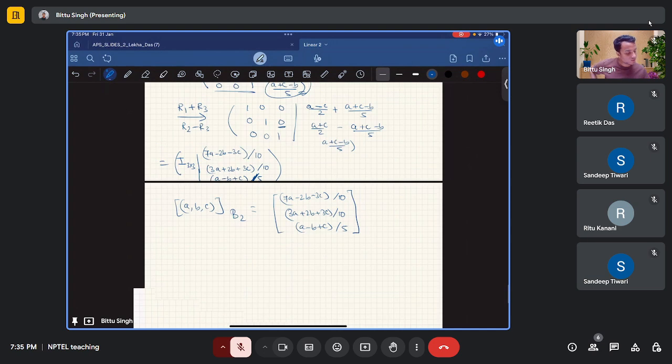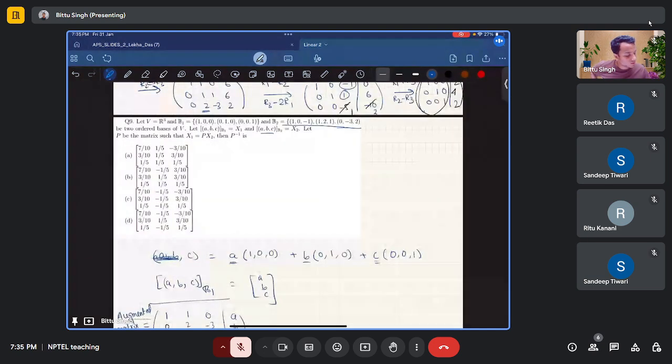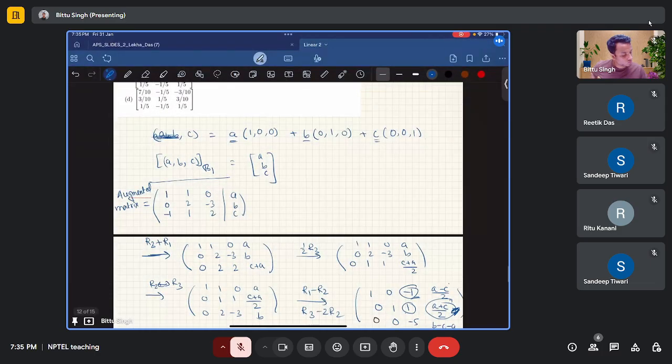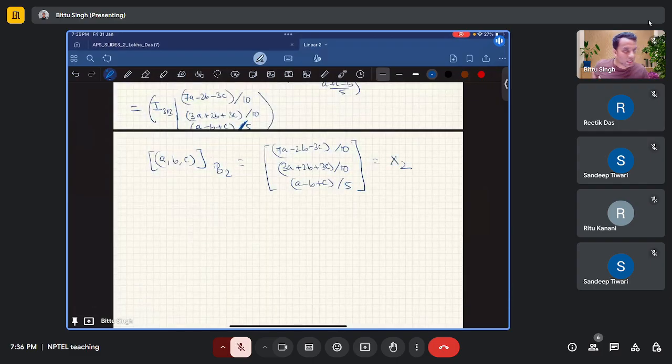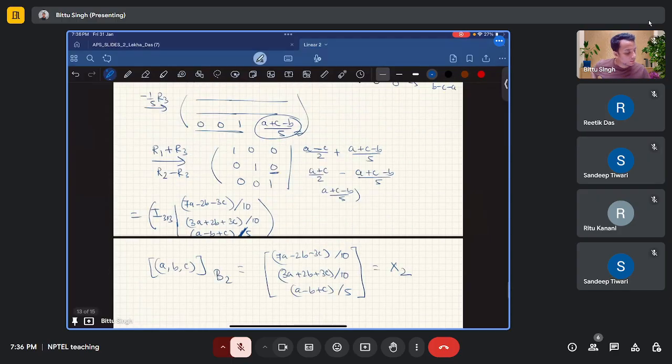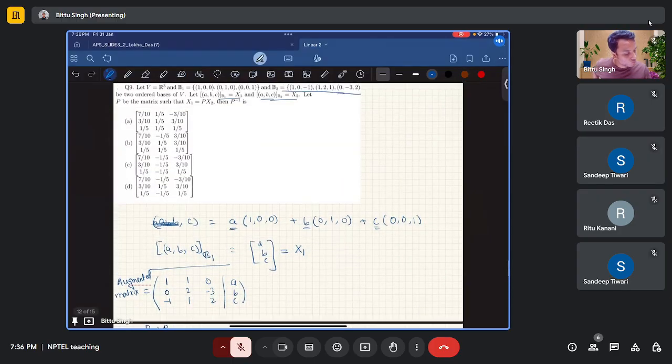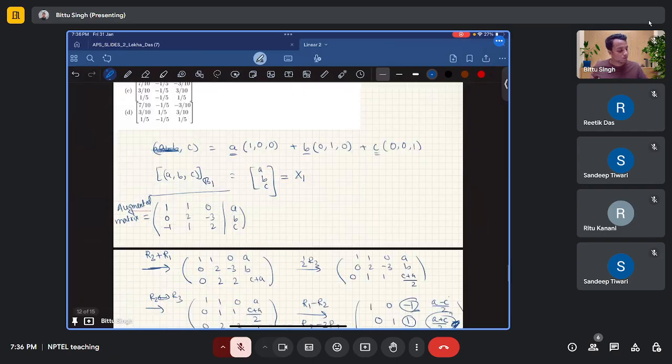So according to the question, the matrix representation with respect to B1 is x1 and with respect to B2 is x2. So this was x1 and whatever we got, this is actually x2. And moreover, x1 can be written as P x2. Then what is the value of P inverse?